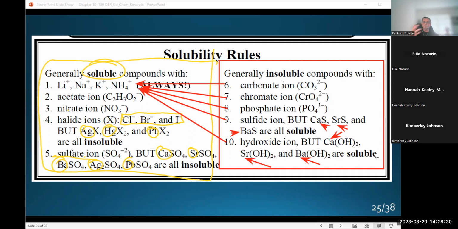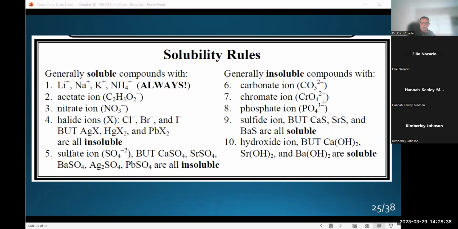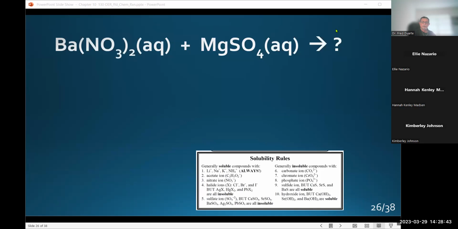Using that information, we're able to determine whether a double displacement reaction is positive or negative. The quick way to do this is to look at the products. You exchange partners, so you get barium and sulfate, and then magnesium and nitrate.